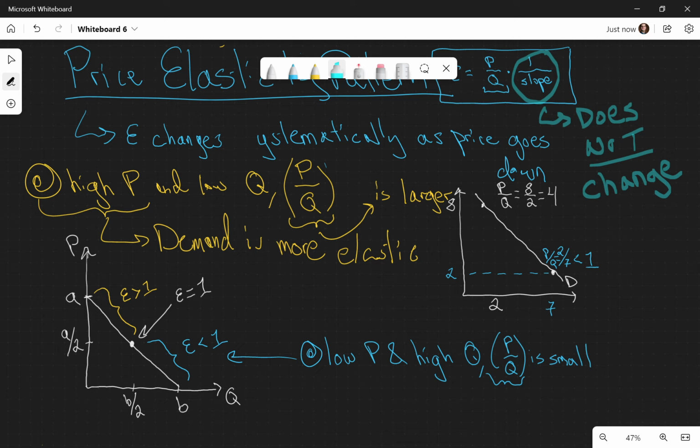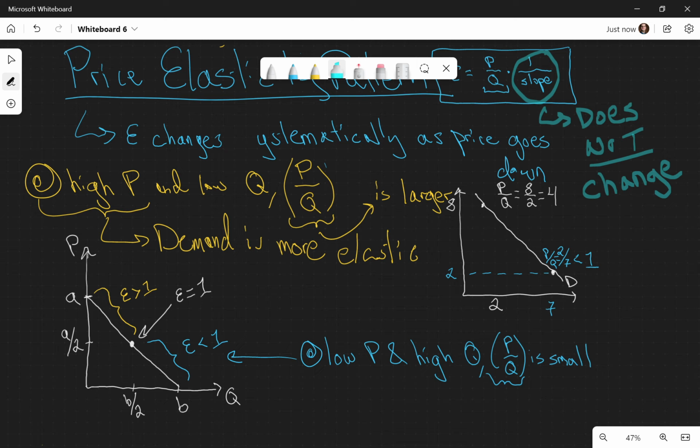That's why we're focused on the price over quantity, rather than the first part of the product, which is the slope. So it's really being driven by where you are on the demand curve.